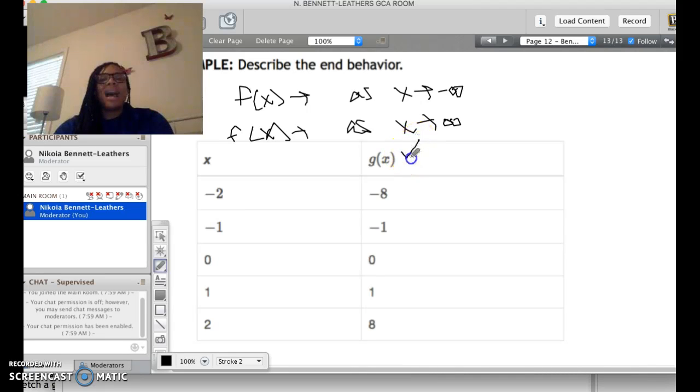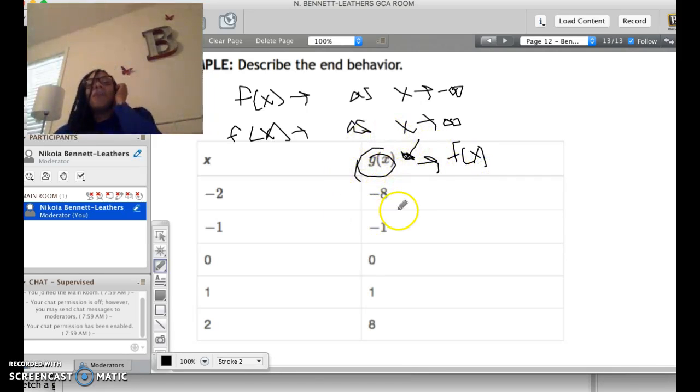Just think about it. What is f of x doing? Notice this side or these points represent the function or f of x. Now they call it g of x, but that's no different than saying f of x, right? It's just some function. So this side represents what's happening with f of x. This side represents the x values or the x-axis. So if I'm talking about what the function is doing on the left side of the x-axis, or the negative values, I'm going to look here when x is negative.